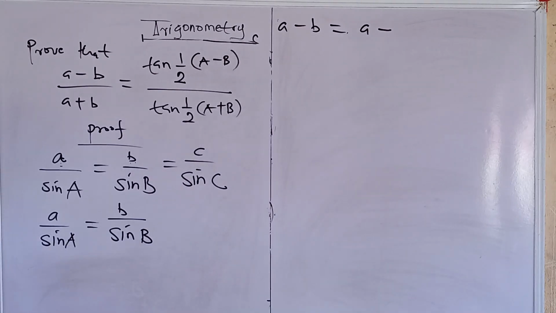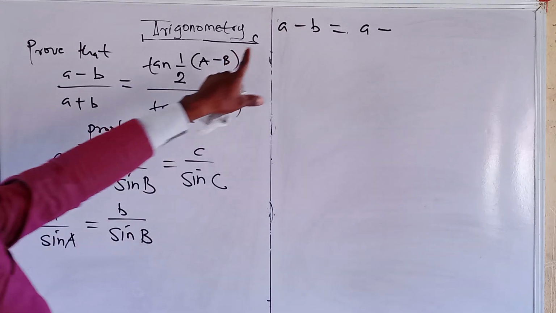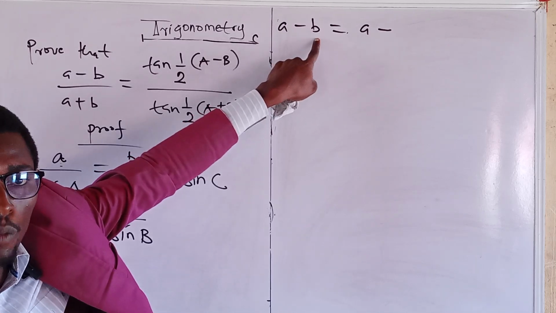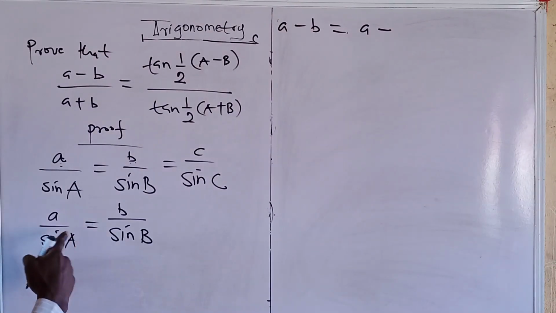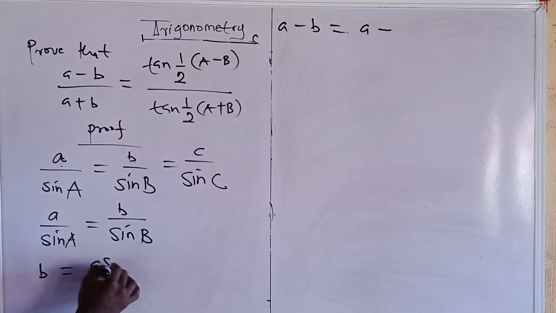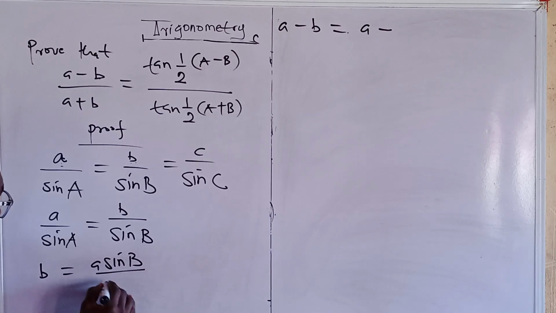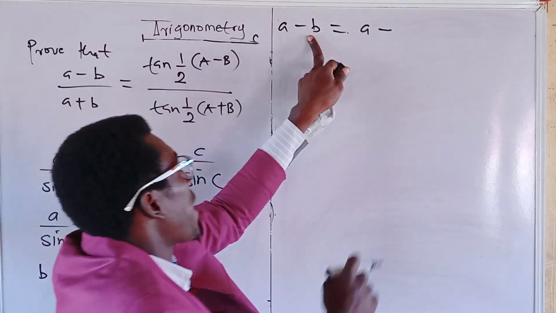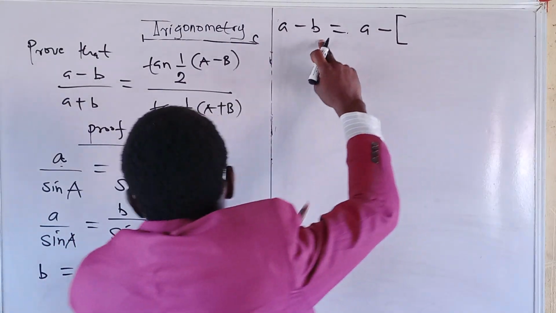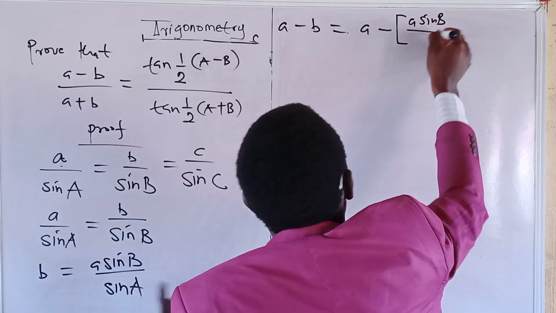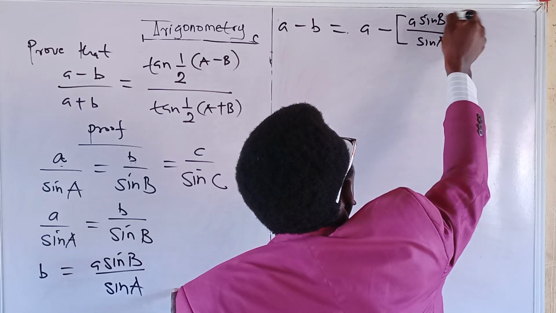Let's make b the subject of the formula, reason being that we have a as the first subtrahend, so we have to make an expression for b. In this case, we have b equal to a sine B over sine A. This will be the right expression for b. So that means that a − b can be written as a minus, instead of b, we shall write this expression, which is a sine B over sine A.